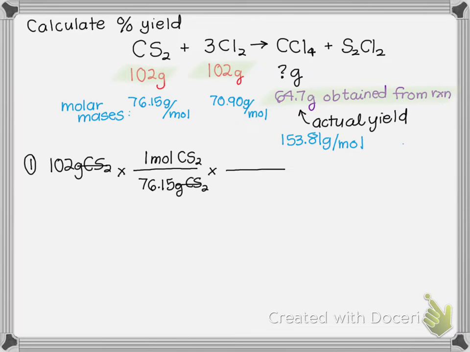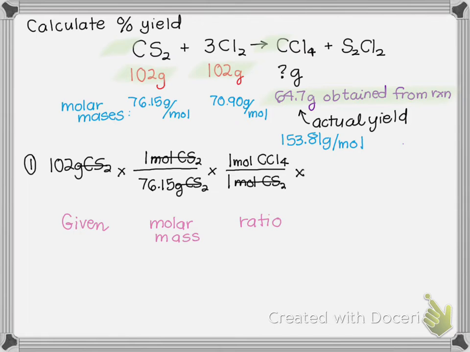And hopefully by this point in the homework, you're starting to see its repetitive nature. So this is what I'm given, that I'm dividing by the molar mass to change it into moles. And now I'm going to multiply by the ratio from the balanced chemical equation. So let's see, there is a 1 in front of CS2 and a 1 in front of CCl4. Okay, so it's a 1 mole CCl4 to 1 mole CS2.